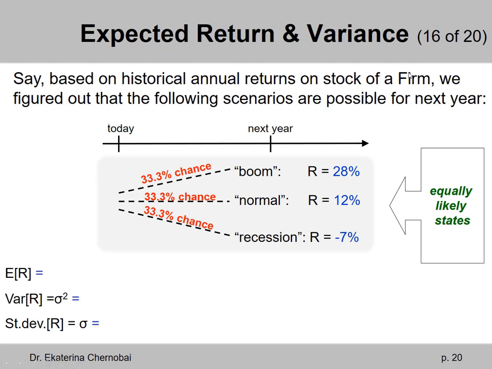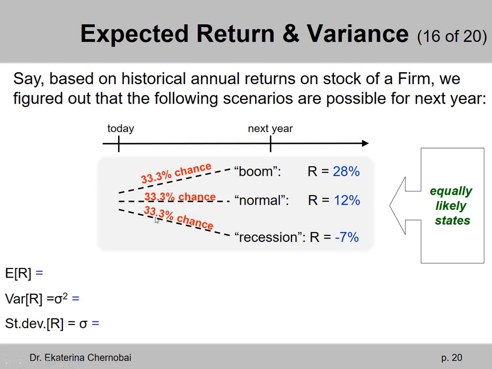So let's say based on historical annual returns and everything you know about the company as of today, you figured out that the following scenarios or states of the economy are possible for next year. With a 33.3% chance, it will be the so-called boom state, in which case you will make a 28% return. With a 33.3% chance, there may also be a normal state of the economy, in which case your return will be 12%.